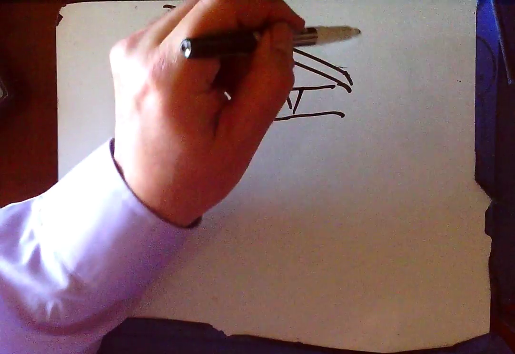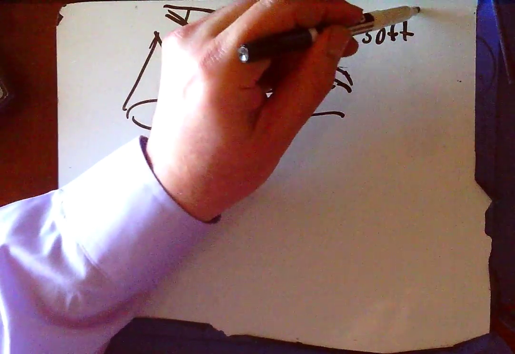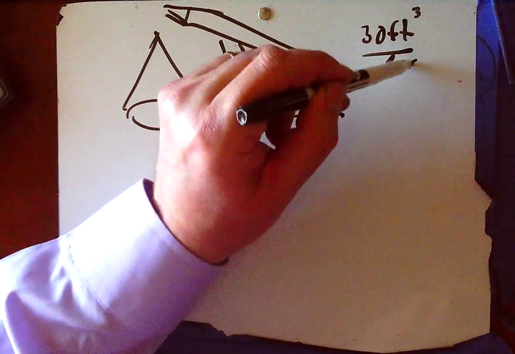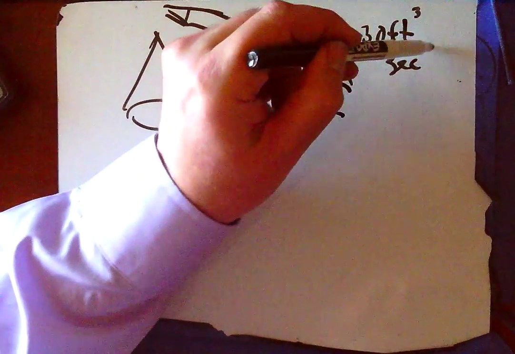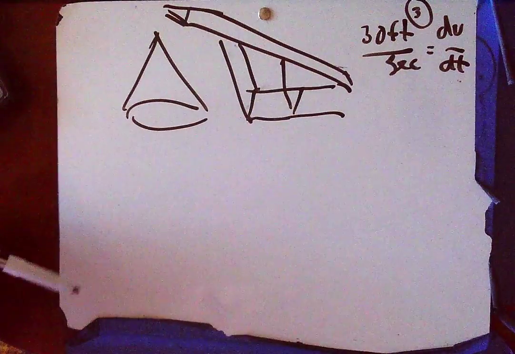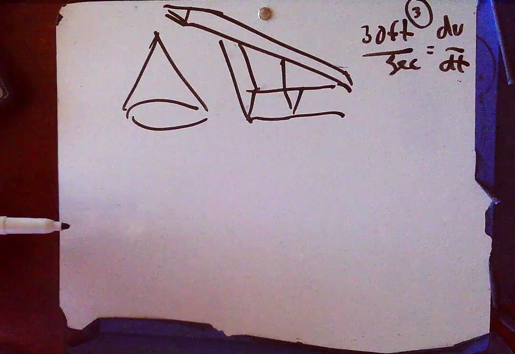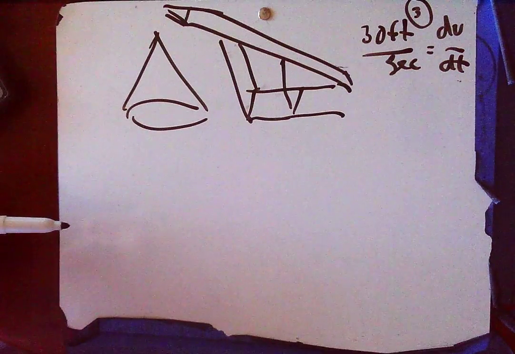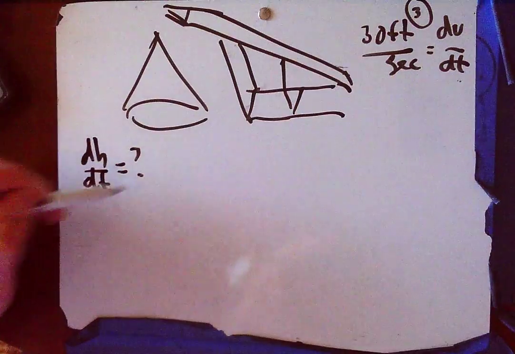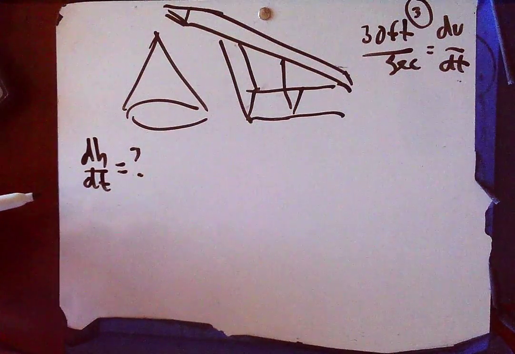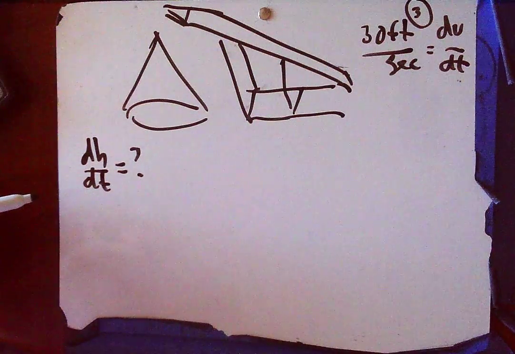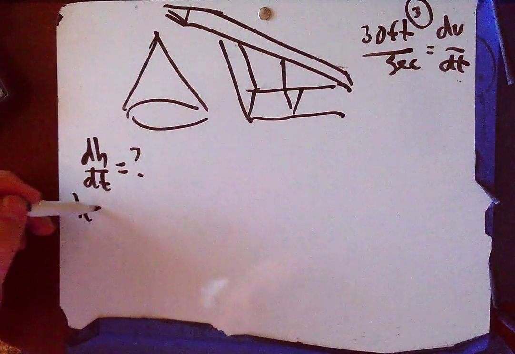Now I notice there's that 30 cubic feet per second. That's a lot. And so I know that's dV/dt. All right. And what else do they give me? They say how fast is the height of the pile changing? dh/dt equals... how fast is the height changing when the height equals 10.